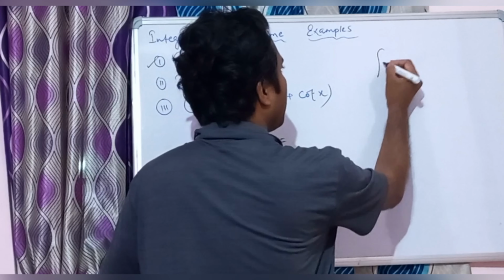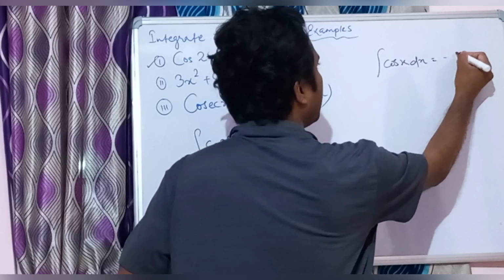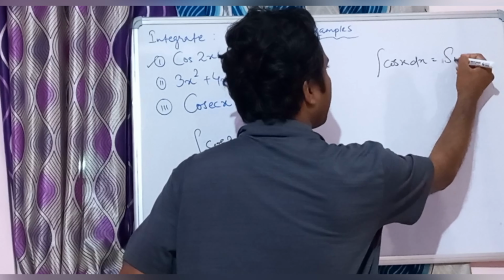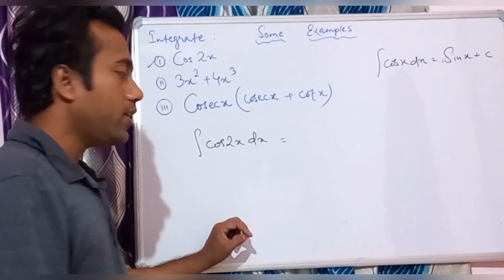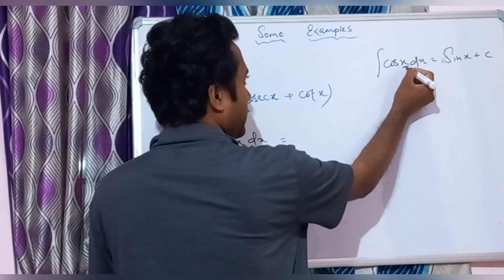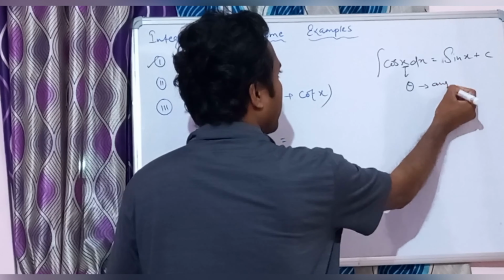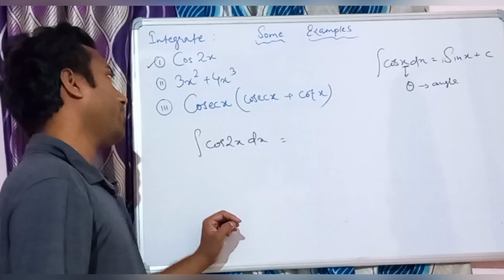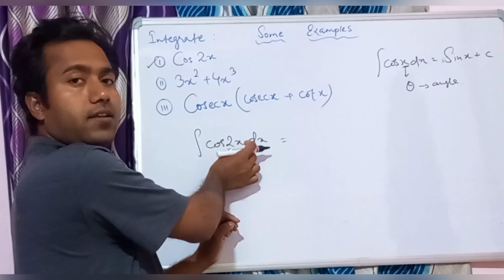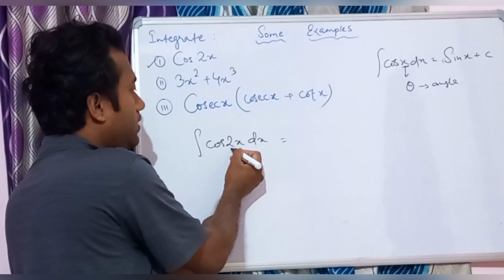You have the formula for cos x. The integration of cos x is sin x plus c. You know that formula. Now if cos x gives sin x, what is x here? x is nothing but theta, an angle. Similarly here the angle is 2x, so we think of this as theta.